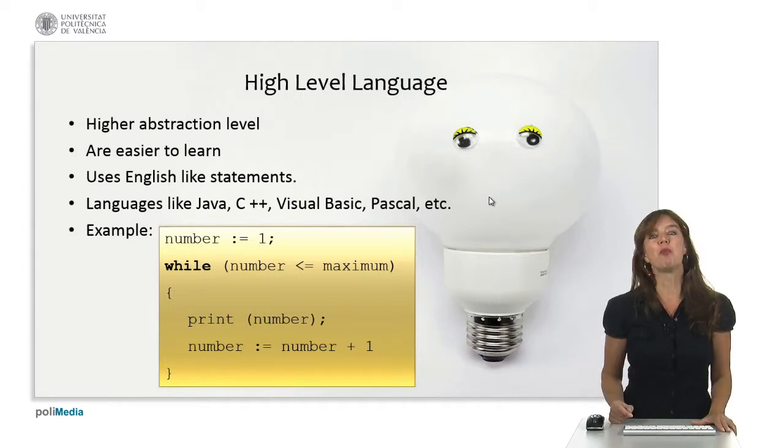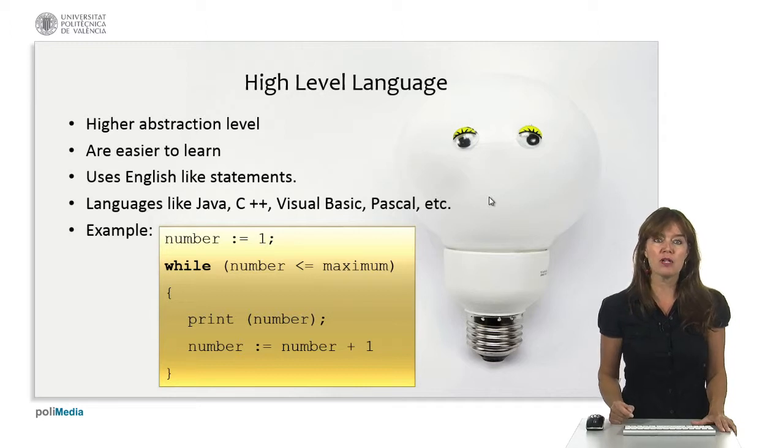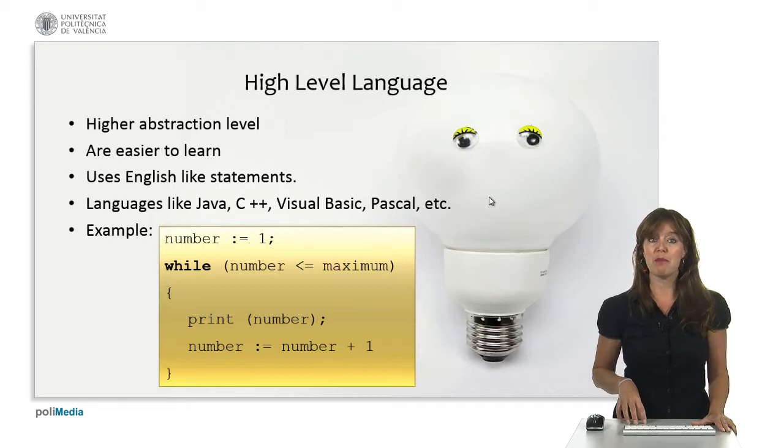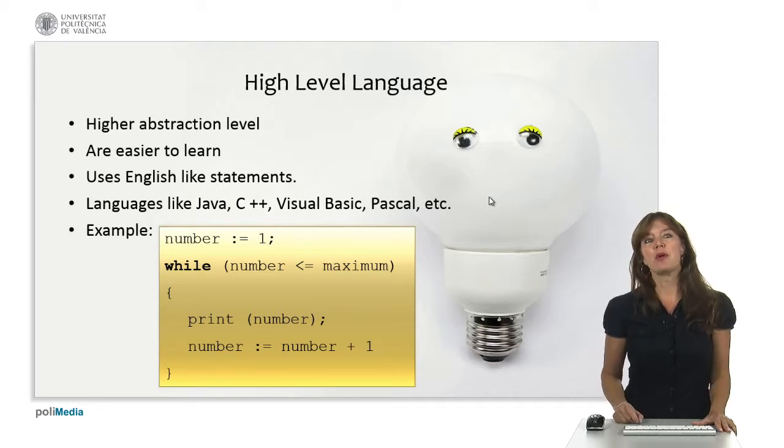We see an example here in the yellow box of a Java program that prints some numbers. Later on we will see more examples and explain the statements that you can see here. So here we have a high-level language and it says assign number 1 to the variable that is called number.